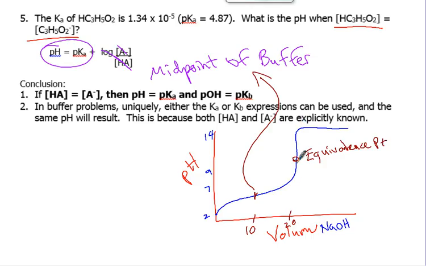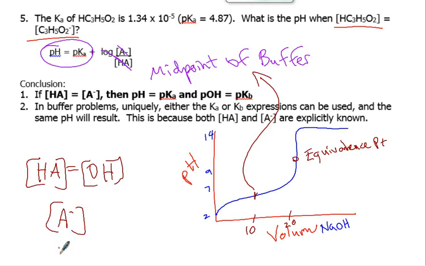At the equivalence point, the acid that you started with is equal to the base you have added. All right? And if they're equal, the acid and the base have neutralized each other, but there's plenty of anion left over. And what did we say these anions can do to water when they're by themselves?